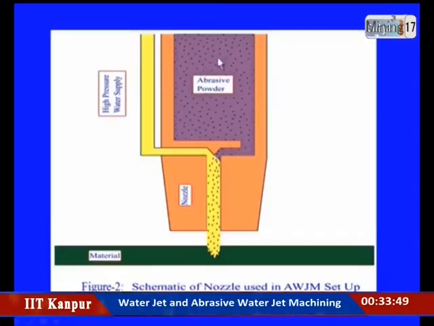This is how it works. This is the abrasive powder, and this is the high power high velocity water coming out, and this is where it gets mixed, and these nozzle walls will have to bear this pressure as well as the abrasive action of these abrasive materials while enabling this mixture of high pressure water and abrasives through it.